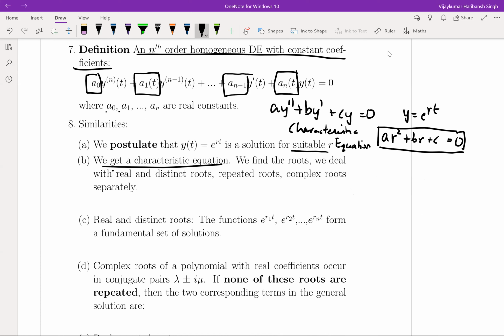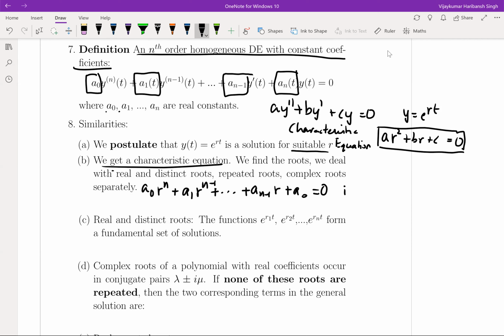We'll find the roots, treating real distinct roots, real repeated roots, and complex roots separately. When I put y equals e to the rt, the differential equation reduces to a0 r to the power n plus a1 r to the n minus 1, and so on, plus a_n equals 0.